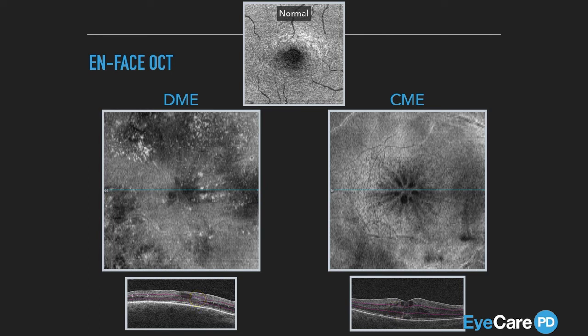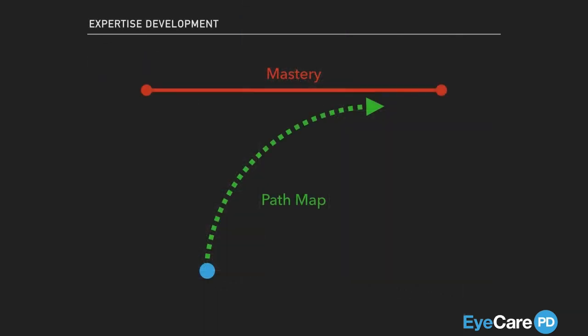This becomes very important as we start to think about OCT angiography, because OCT angiography uses an en face view, and it very much matters which slab you're on. What I would encourage you all to do is begin to think about this and use it, because as you're progressing along your path map, you need to understand where you're at, and you need to understand those slabs and the concepts associated with that.